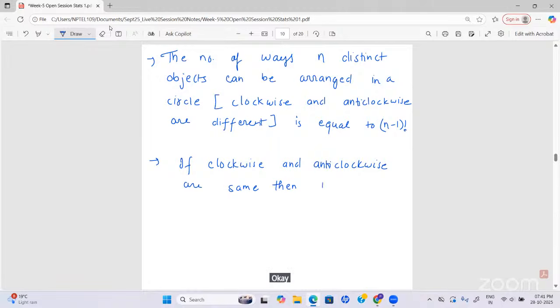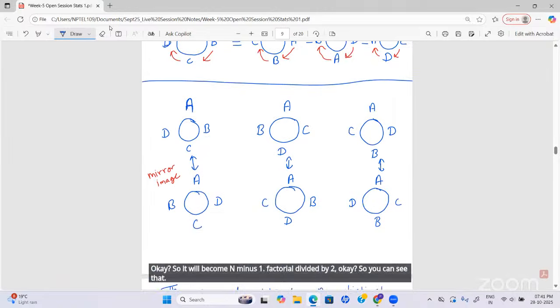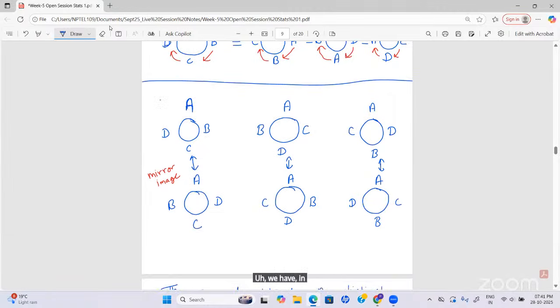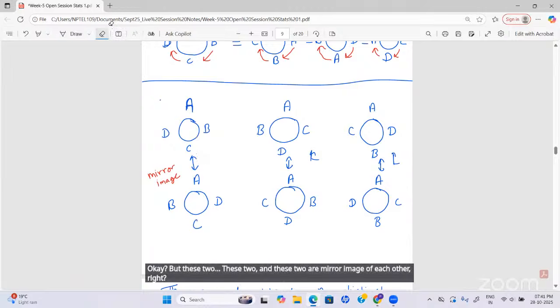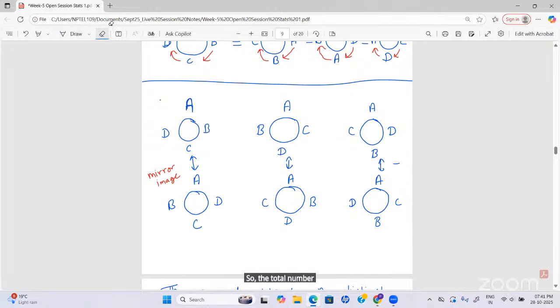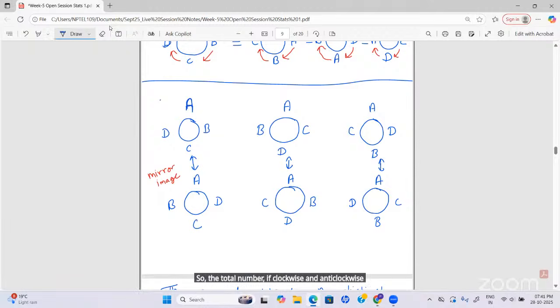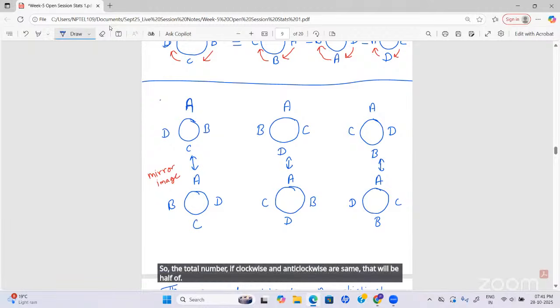So it will become n minus 1 factorial divided by 2. You can see that in total we have 6 arrangements, but these two and these two are mirror images of each other. So the total number, if clockwise and anti-clockwise are same, will be half of when clockwise and anti-clockwise are different.